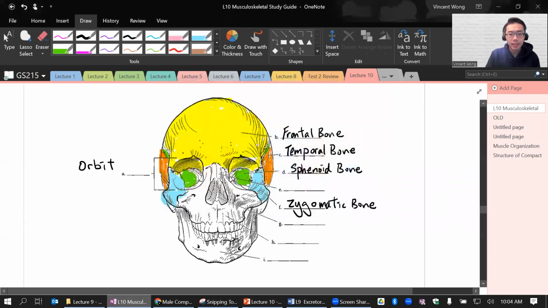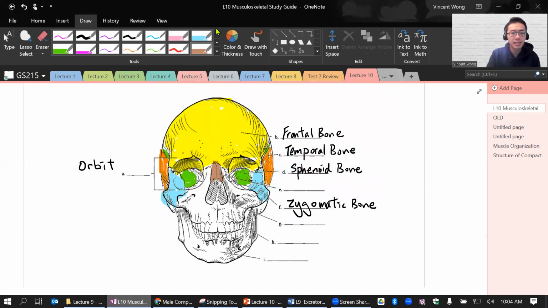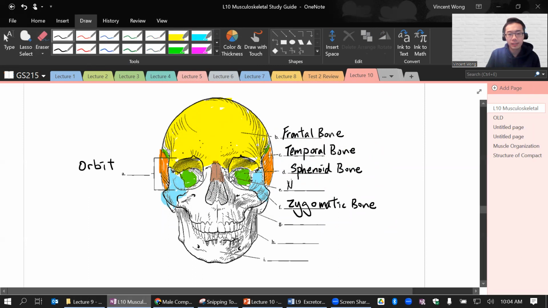E is going to be the nasal bone. If you wear glasses, that's where your glasses are resting. Nasal bone.